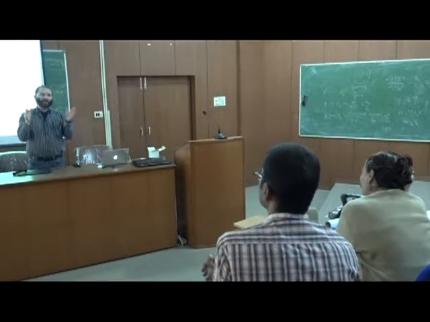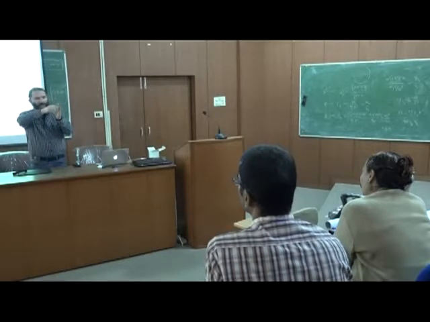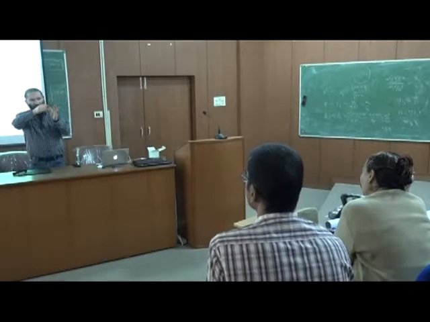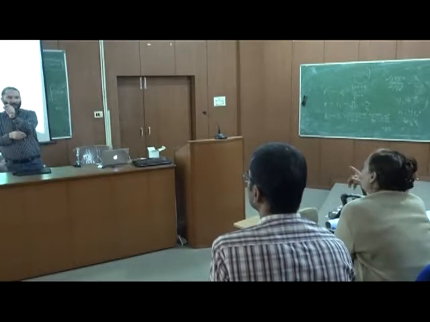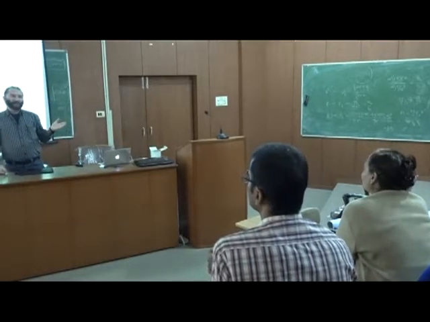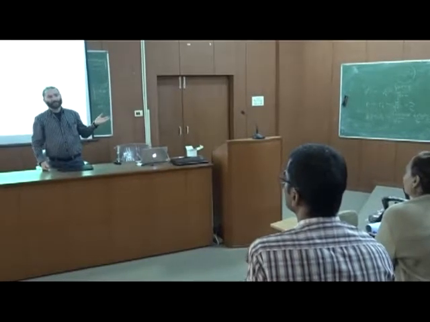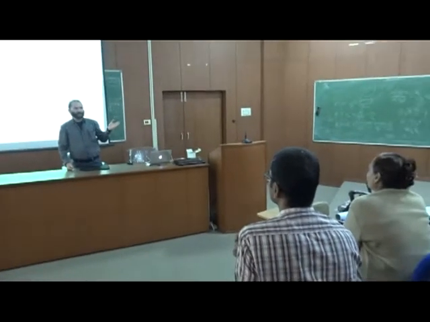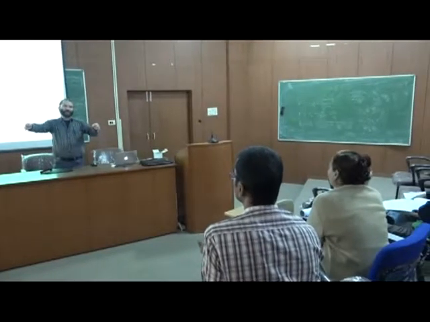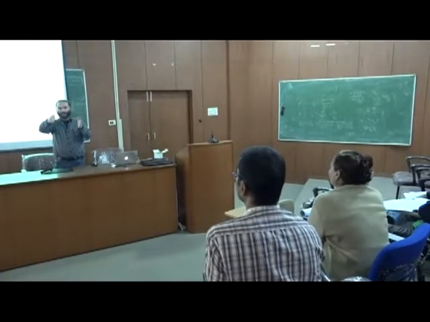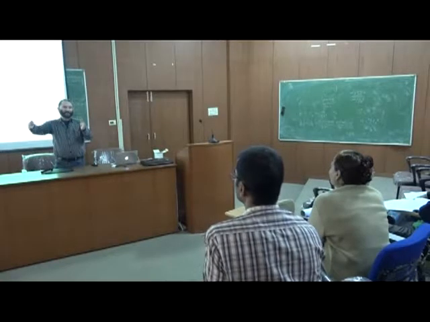Now, the proper distance is the integration of all these segments. All small segments, you are adding them up. In flat space, it's the same thing, because the metric is flat. So it's simply, trivially adding all these segments.